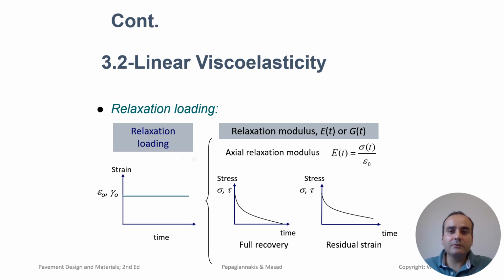The ability to relax stress means that the pavement is less likely to accumulate damage from repeated loads, reducing the risk of fatigue cracking. Asphalt binders that exhibit better relaxation properties tend to perform well in resisting long-term fatigue damage.